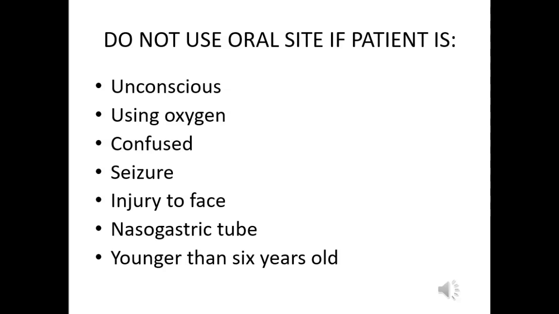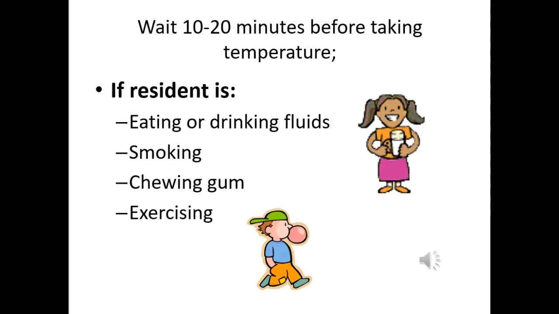These are times we would not want to use the oral site. And then if they are eating or drinking, smoking, chewing gum, or exercising, you would want to wait 10 or 20 minutes before taking the temperature because this can alter their temperature.